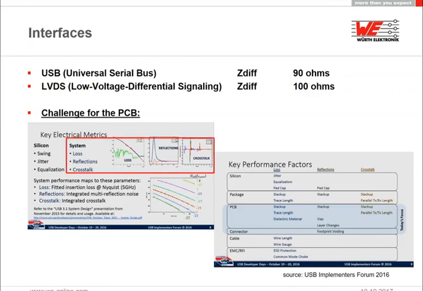The two slides on the bottom I've taken out of the USB Implementers Forum presentation from last year in Hong Kong, and we can see on the left side in the red area the requirements for the system. You have to take care of losses on the PCB, for example, or on cables and in connectors, as well as reflections and crosstalk.